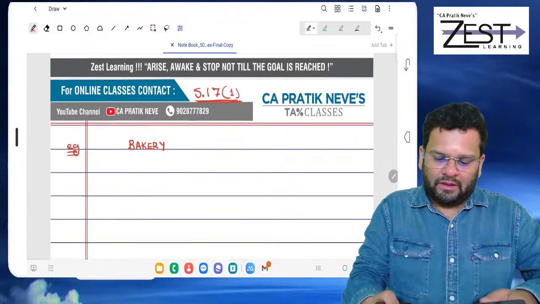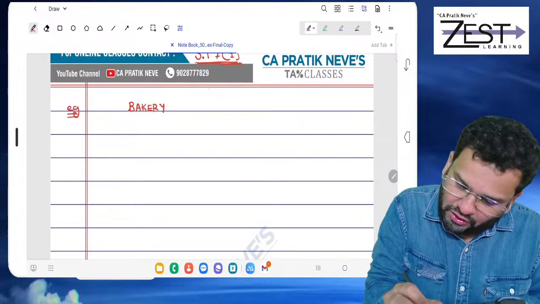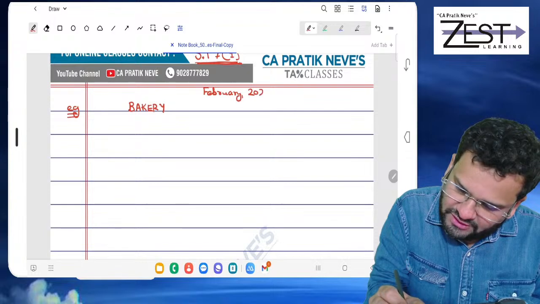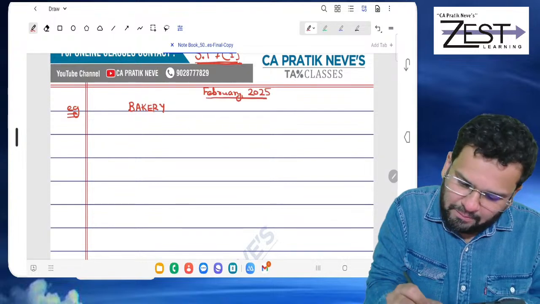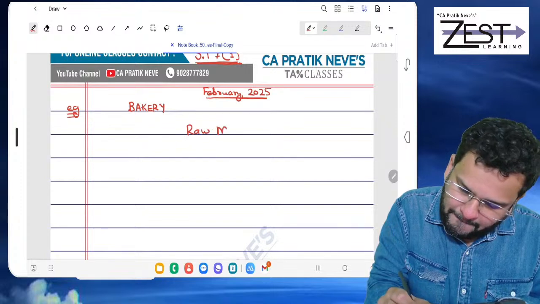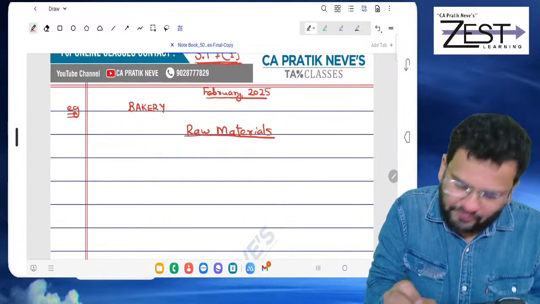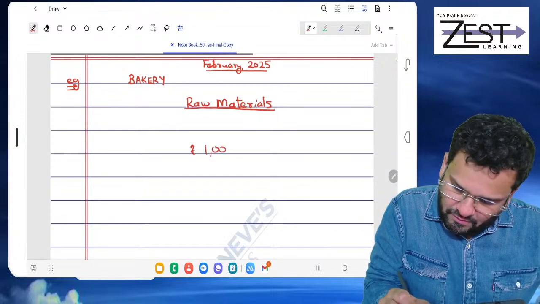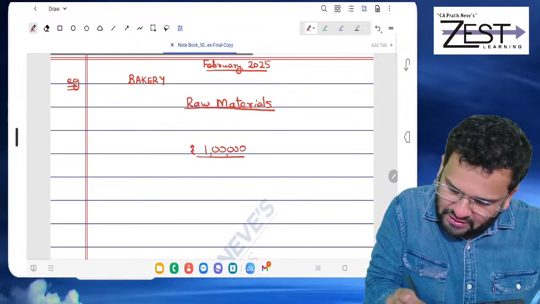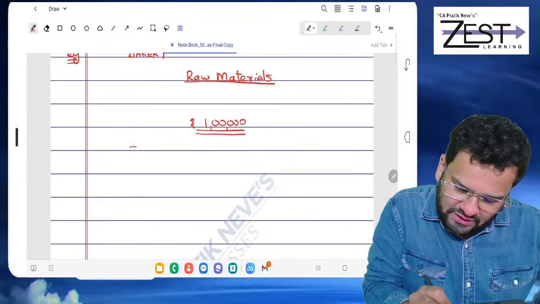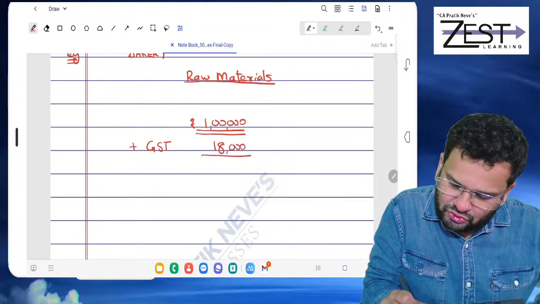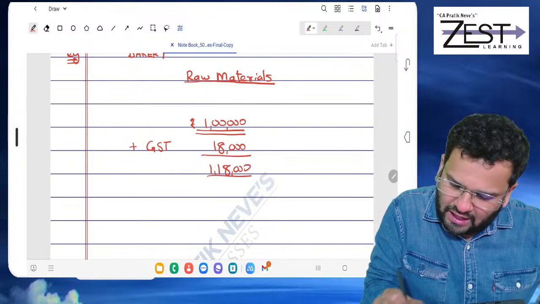In this bakery, for the month of February 2025, I buy raw materials for 1 lakh rupees. On this, there is GST of 18%, say 18,000 rupees. So 1,18,000 in total I have paid.